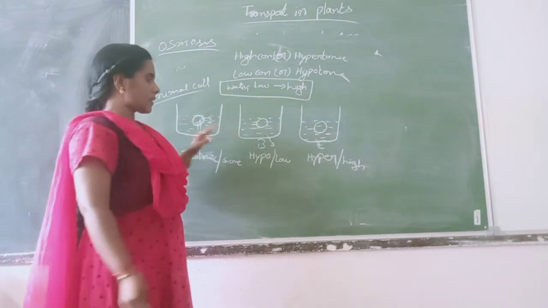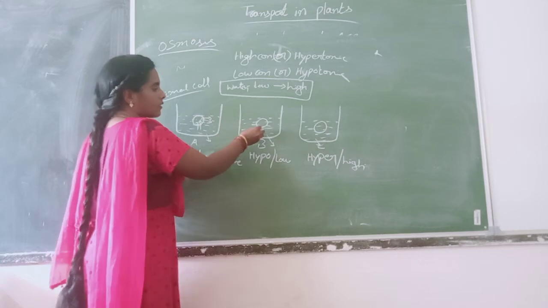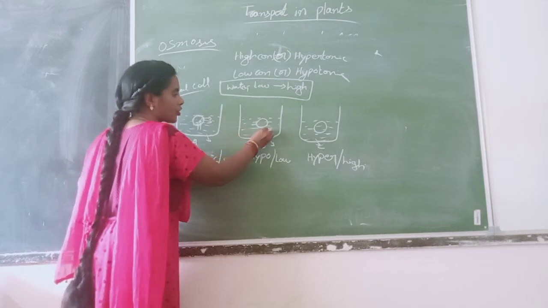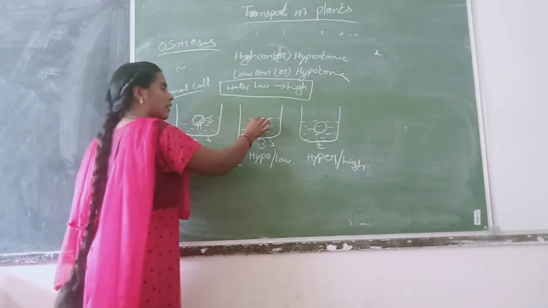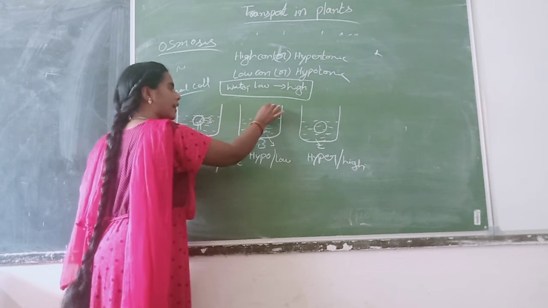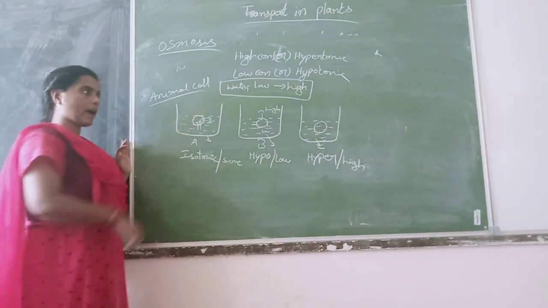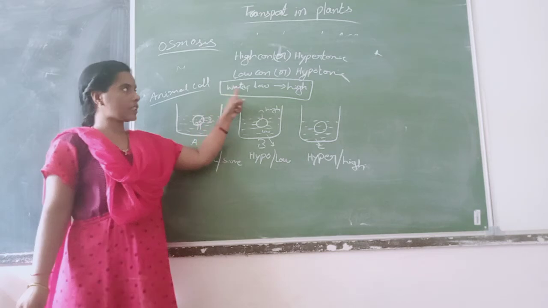In the second case, the beaker containing solution is low concentration and the animal cell is high concentration. Then what happens? Movement of water takes place.